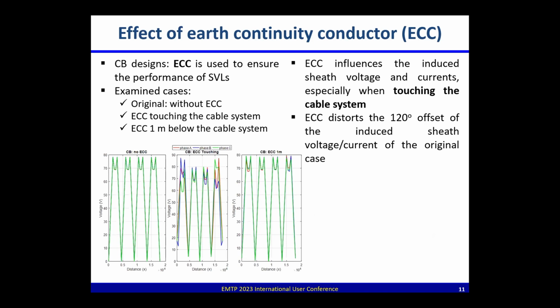In the first graph, you can see that we have symmetrical voltages induced at the cable sheaths. But when we introduce the ECC, and especially when it is touching the cable system, you can see that we record differences between the phases. This is logical.